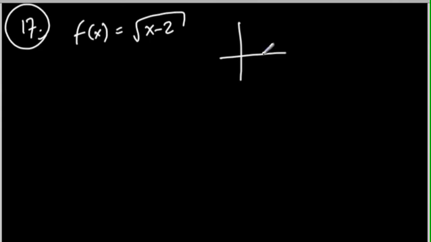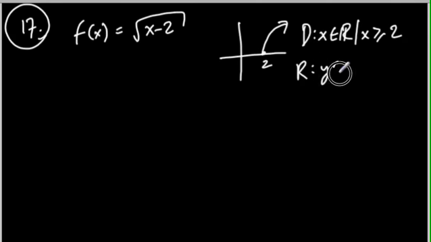So, in other words, it just goes like this. This is 2. So, the domain is x is greater than or equal to 2. And the range is y is greater than or equal to 0. So we have that.